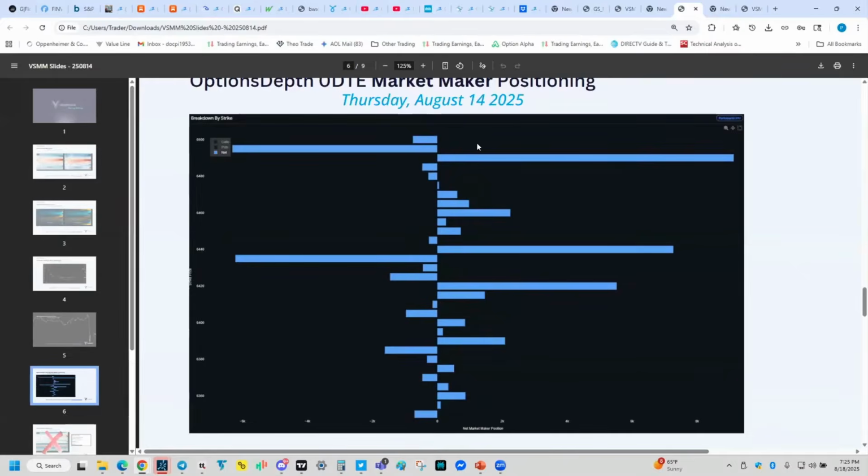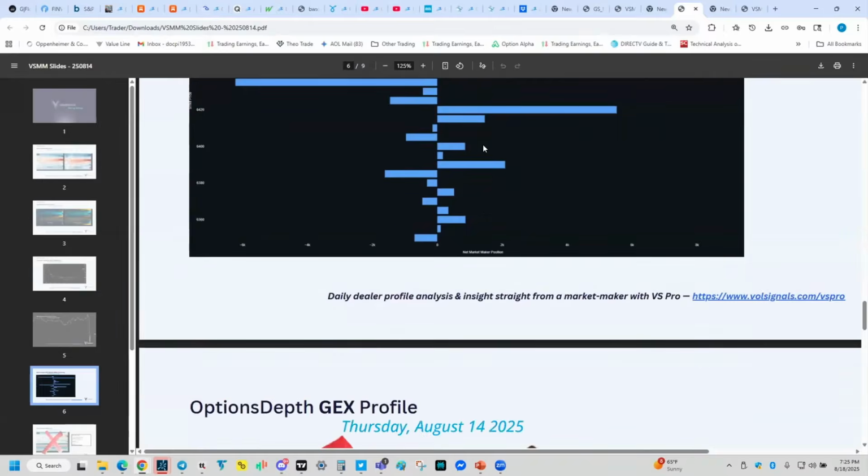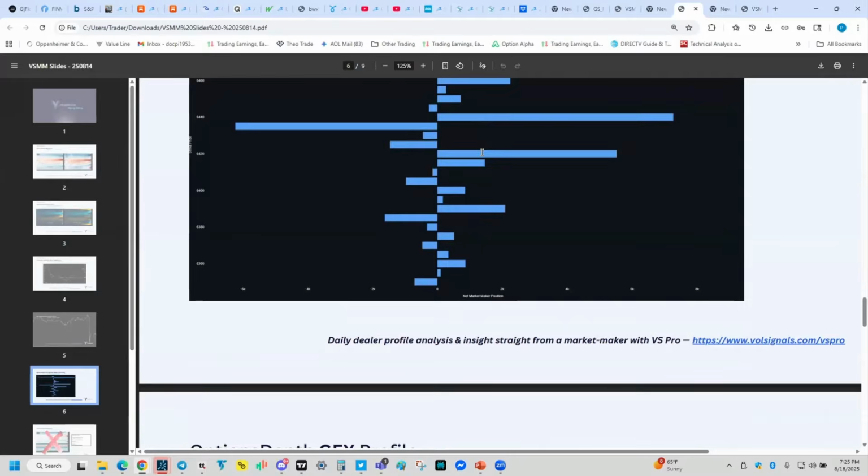And you also know, and we'll go to my if then. So let's just say if we open up here, it's going to go up toward that magnet. And then it's either going to continue up or stall out here and bounce back down. Now, there's also real money selling. It's not just the market maker playing ping pong with himself, right?